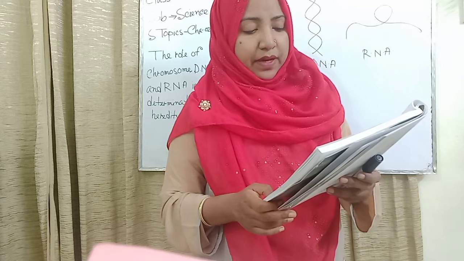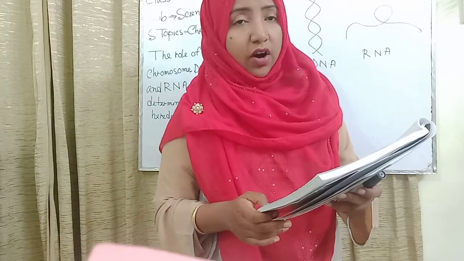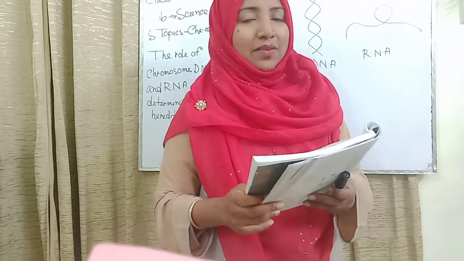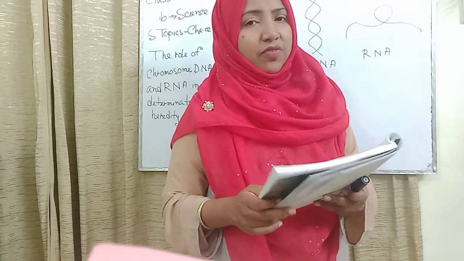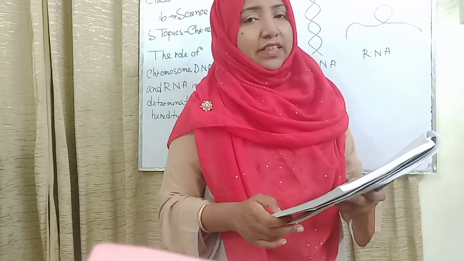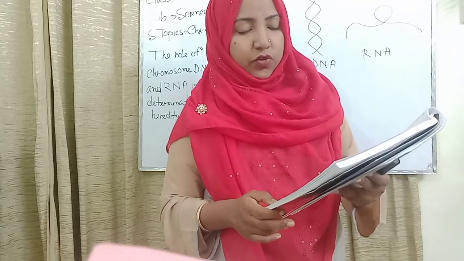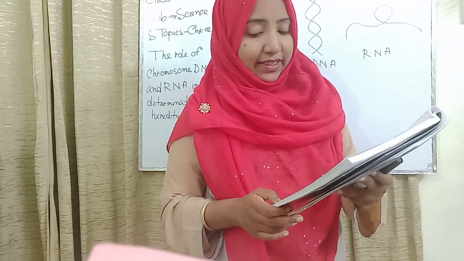The process by which characteristics from parents are inherited by the offspring is called heredity. Heredity means that characteristics pass from generation to generation. Characters inherited by children are known as hereditary characters.